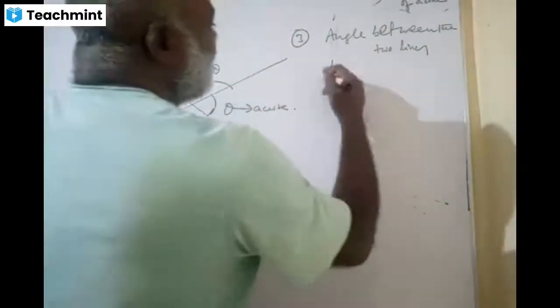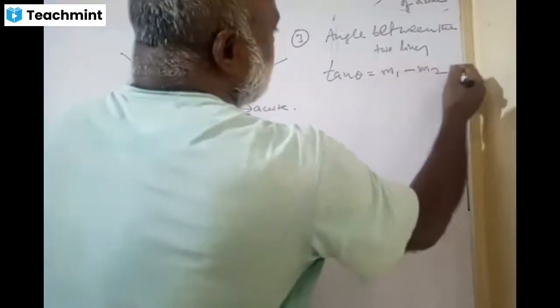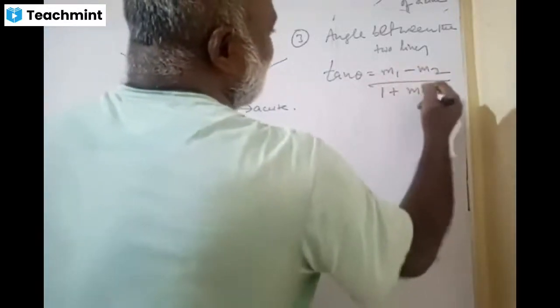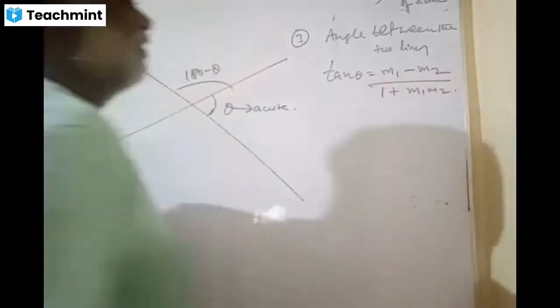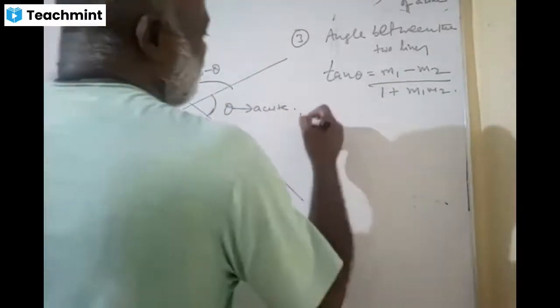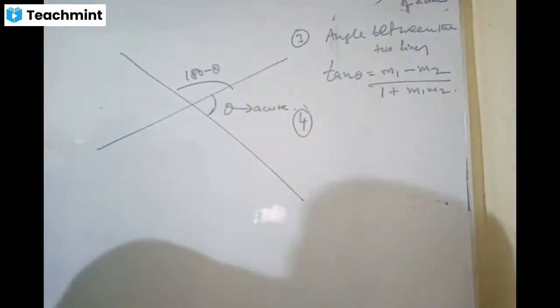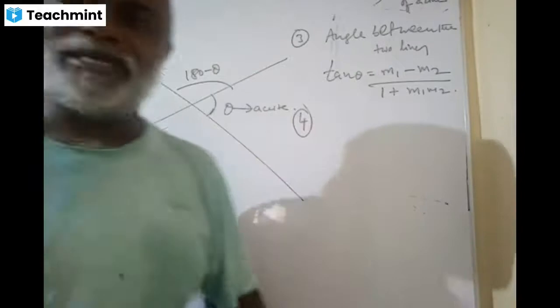That's how we write tan theta equals m1 minus m2 by 1 plus m1 m2. I'll tell you tomorrow, Monday, the fourth concept. One more beautiful concept is there.